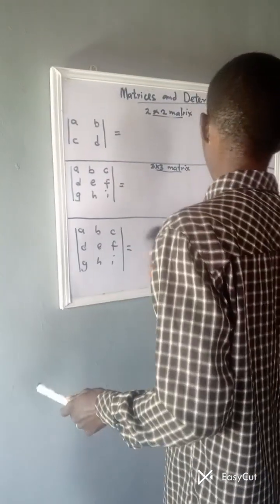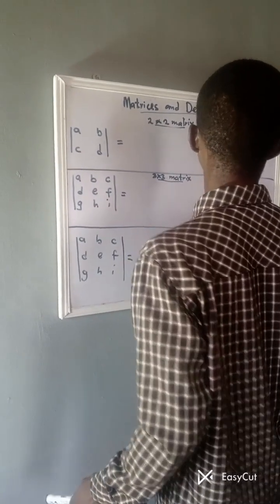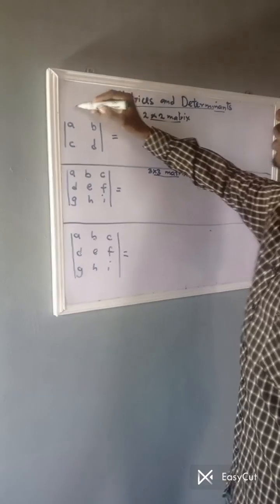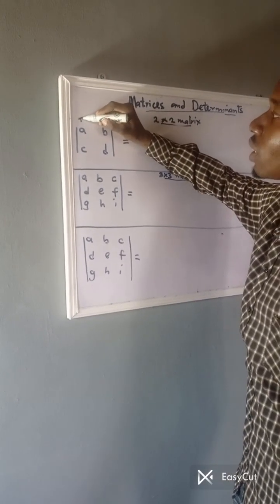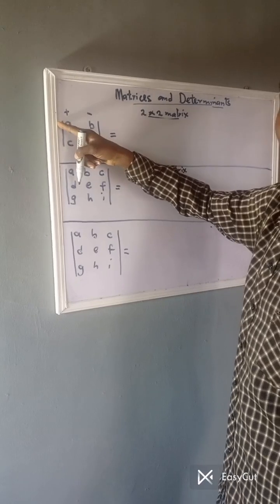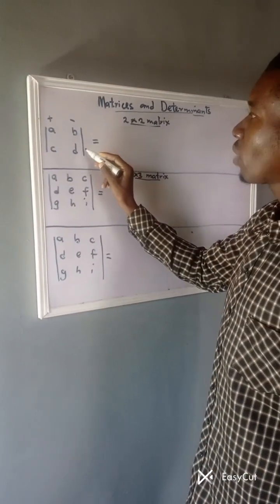So let's see the formula of how to find the determinant of a matrix. Let's start with a 2 by 2 matrix. First of all, you put your signs: plus here and minus here. Then we have 2 diagonals.